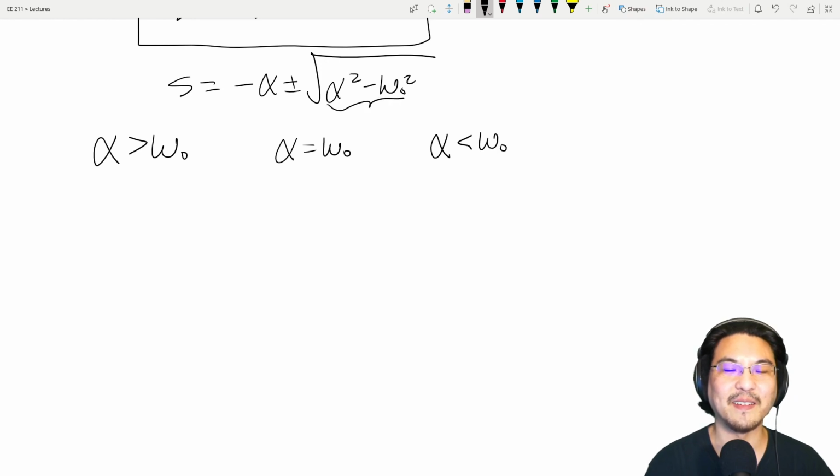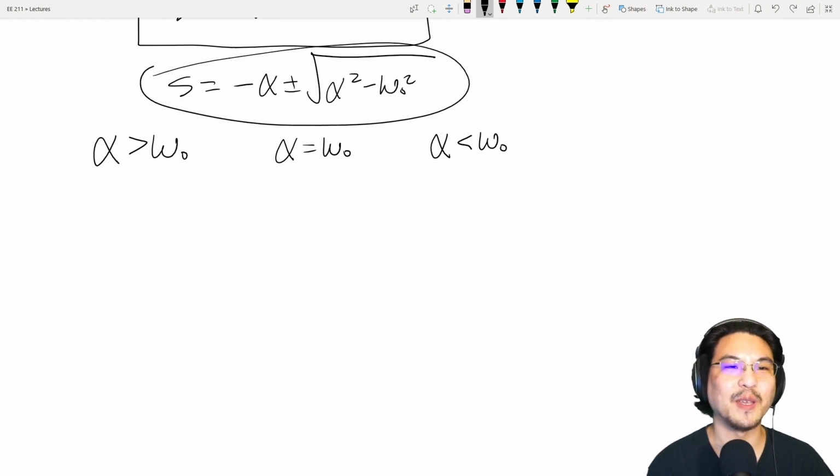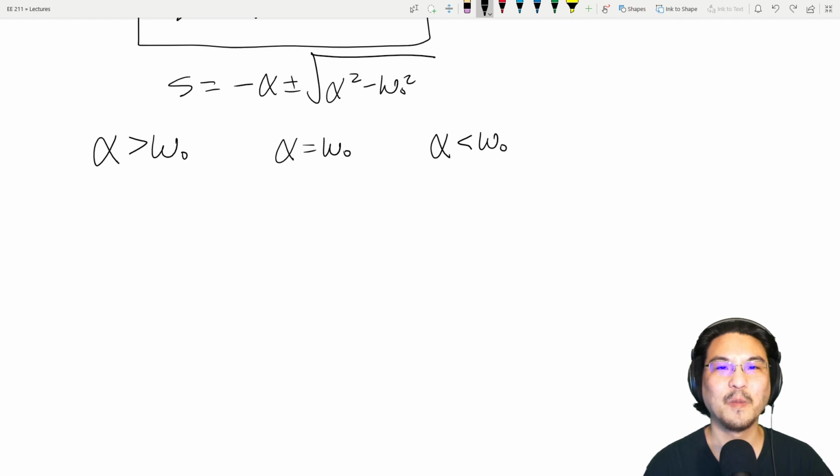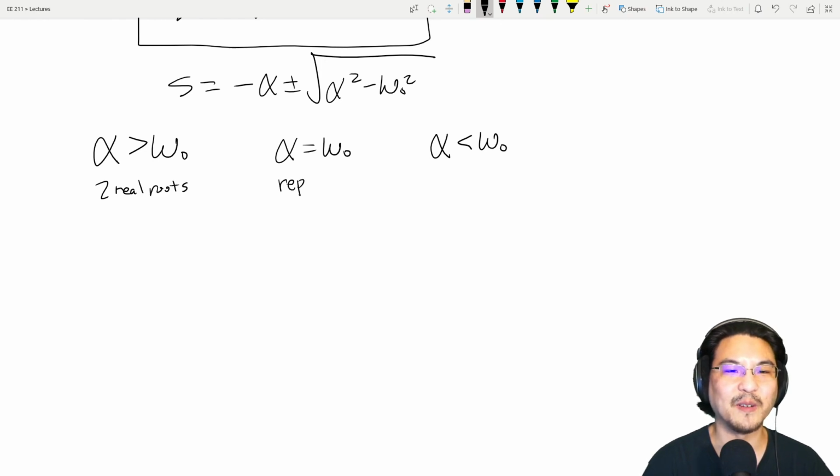Then look, this would be negative. So then you'd have a square root of a negative number, which means we would have two imaginary roots. So here we would have two real roots. Here we would have a repeated root. And then here we would have two imaginary, well, complex roots, right?